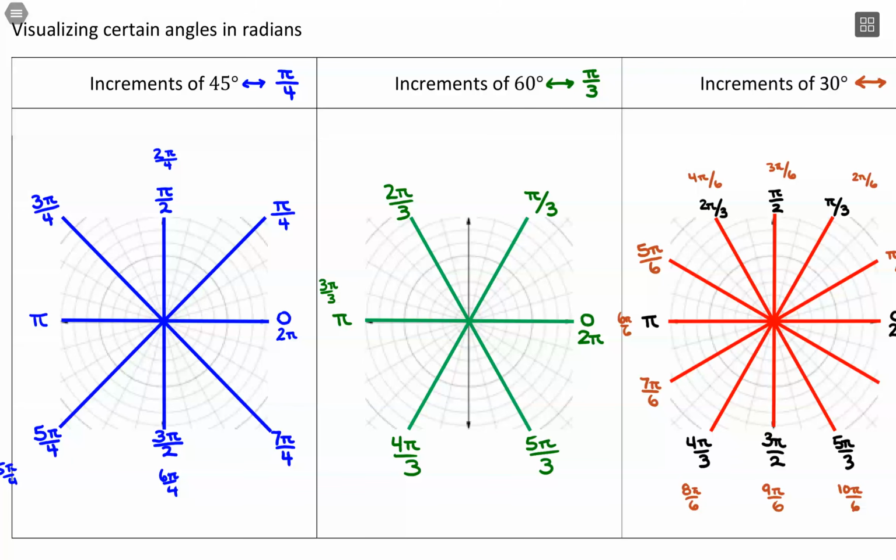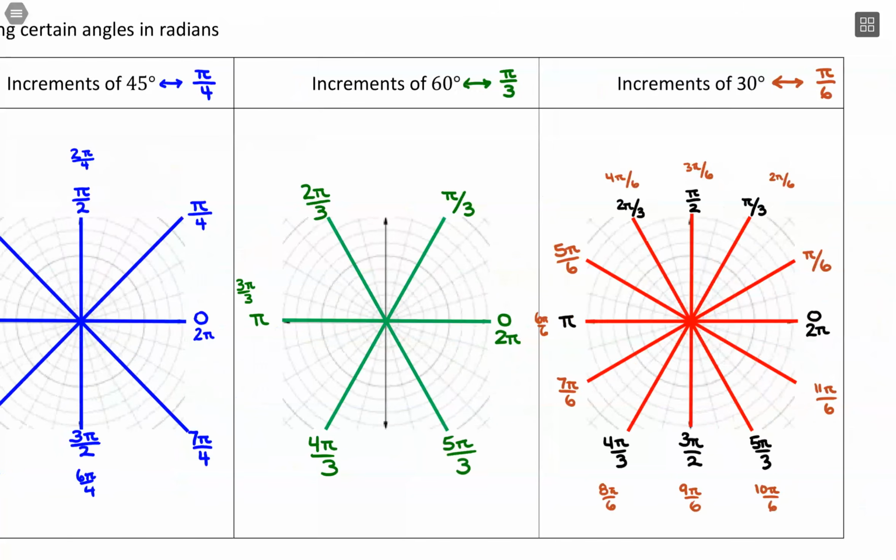So when trying to draw these angles, still thinking a little bit in terms of degrees, but really it's about how we're dividing up the circle. Is it these increments of fourths or thirds or sixths? And then from there, I just count around the circle. There are ways, if you're great at memorizing, then go for it.